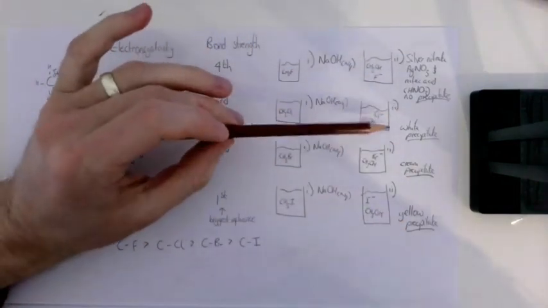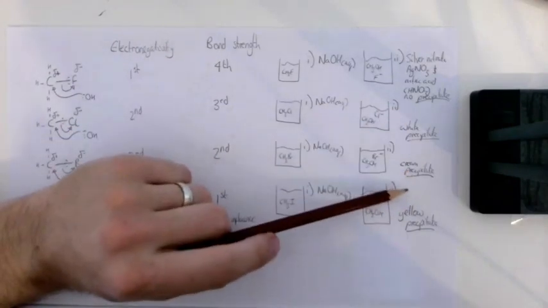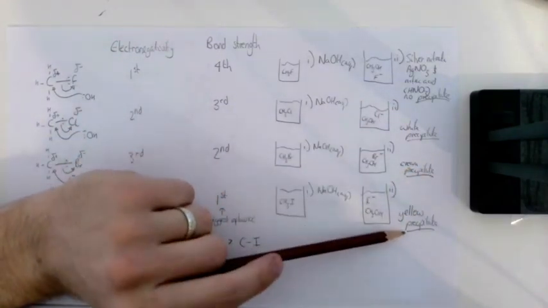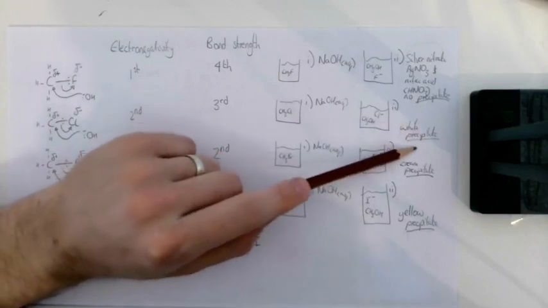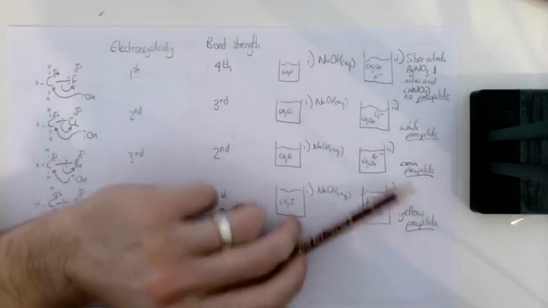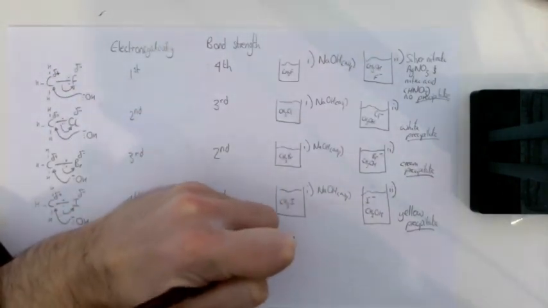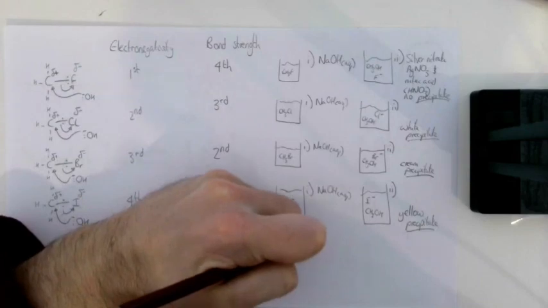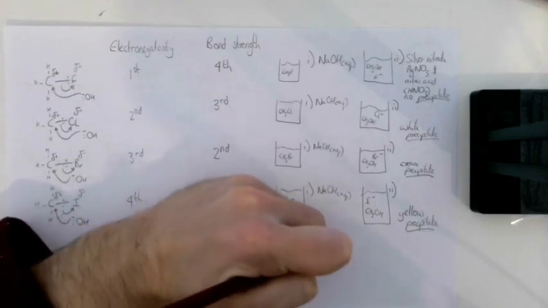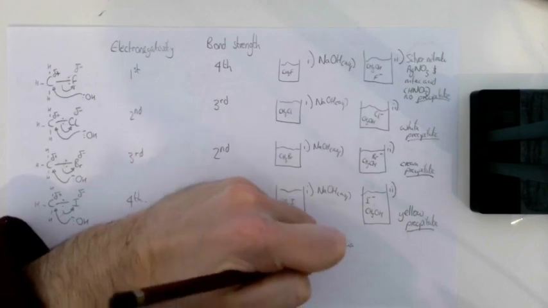Now, if you've ever done this in practice, it's quite hard to tell the difference between something that's cream and something that's yellow. It's often easy to decide which one the white one is, but cream and yellow is sometimes a bit more difficult. So you can do a supplementary test, which will be your third step, which is to add ammonia, so NH3.